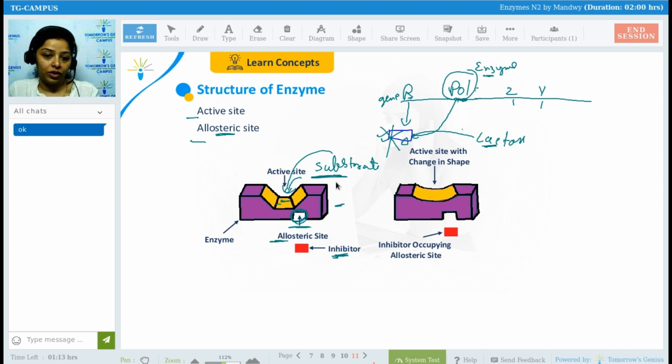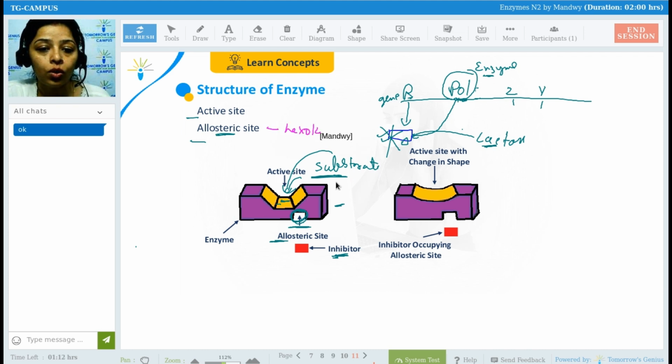No, it is not mandatory. There are some examples of allosteric enzymes, like hexokinase. Hexokinase is an example of an allosteric enzyme.